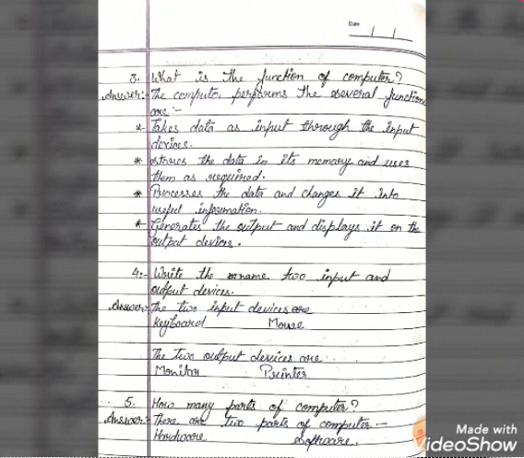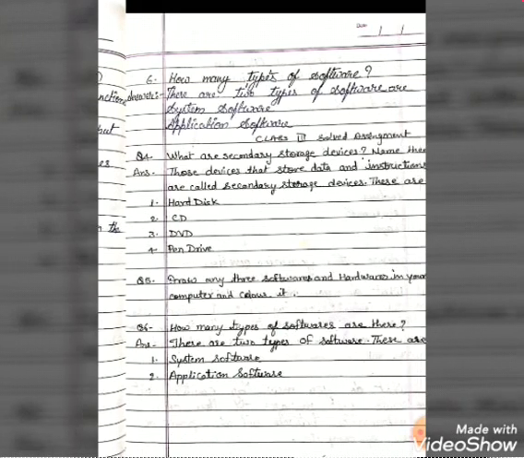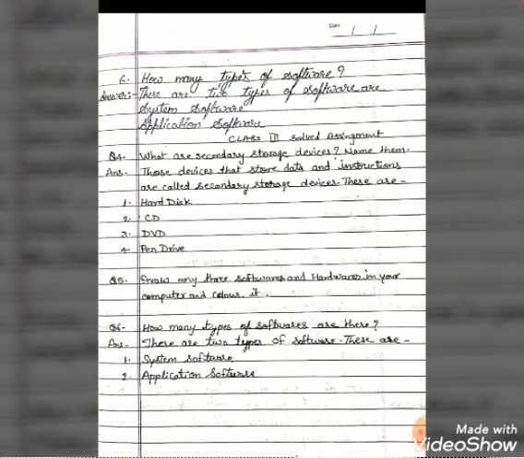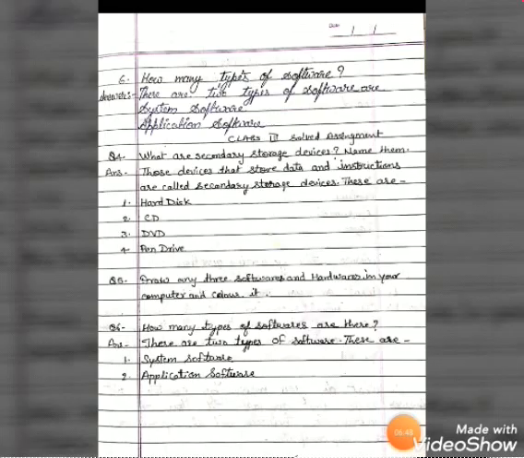How many parts of a computer? We know that there are two parts of a computer, hardware and software. Now question number 6. How many types of software? There are two types of software: first system software, second application software.